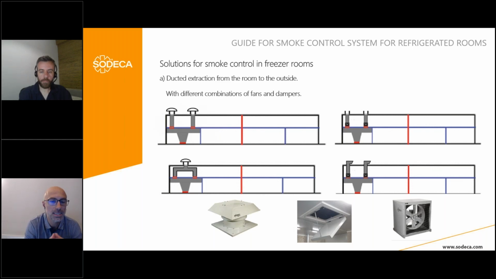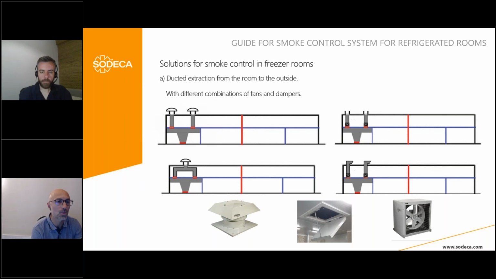So now we'll see different solutions with mechanical extraction. First of all, there is the ducted extraction from the room to the outside, as we see here. And we can have, for instance, some kind of dampers on the roof of the refrigerated room connected to exhaust fans on the roof of the building.